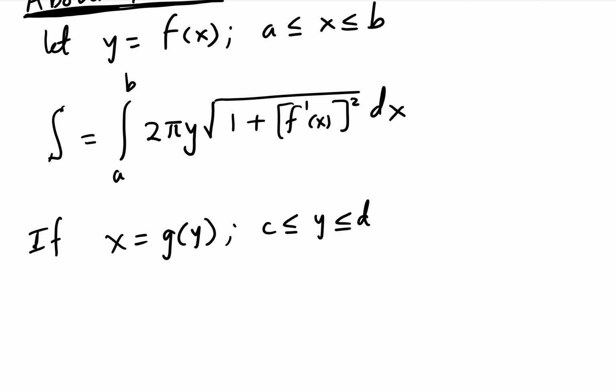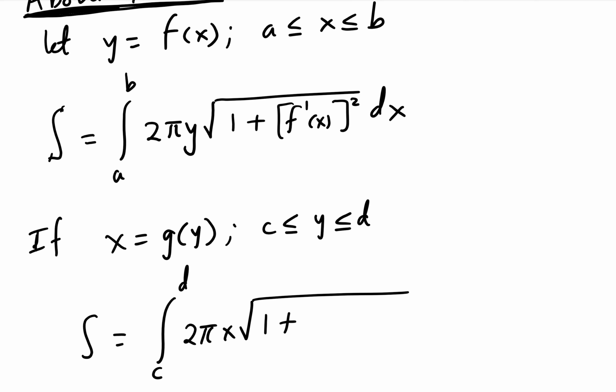Then S would be the integral from c to d of 2 pi x, the square root of 1 plus f prime of y squared dy. So I tell the students, if there's a dx, put a y. If there's a dy, put an x, the opposite.